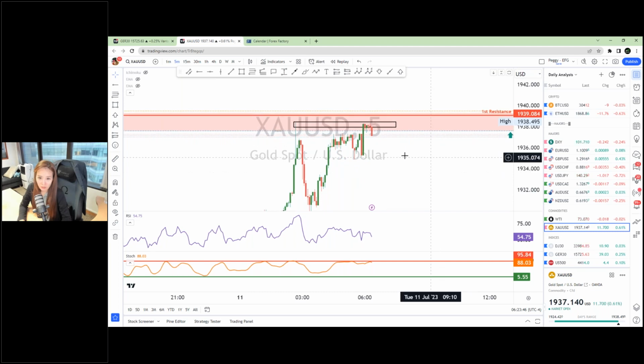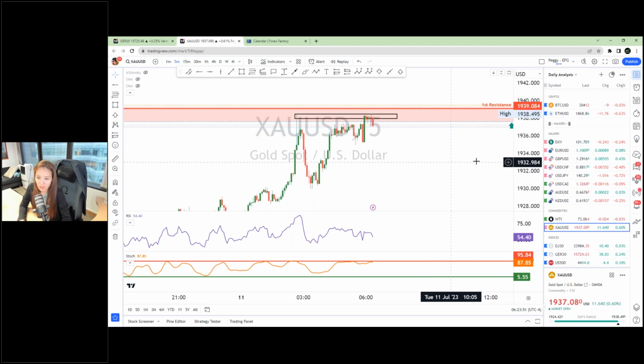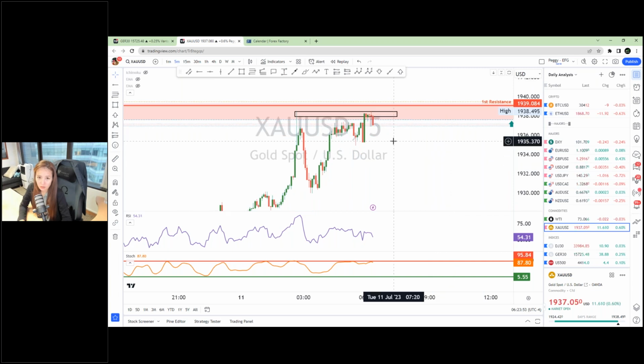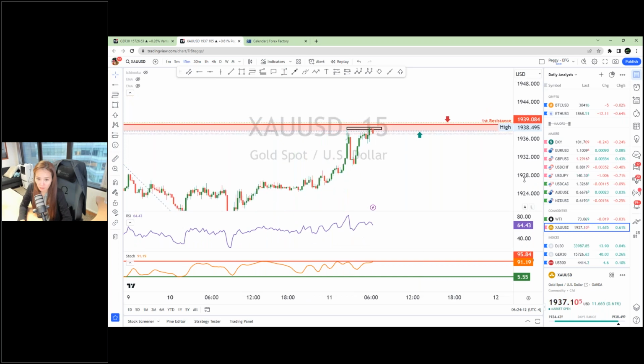This is how I do my TA every day. We draw support and resistance, you use Fibonacci, but if you want to find a sharp entry, you go to the lower time frame until you can see price movement, any structures, any double top, double bottom in the lower time frame, and then you wait. And then you buy or you sell at the level.